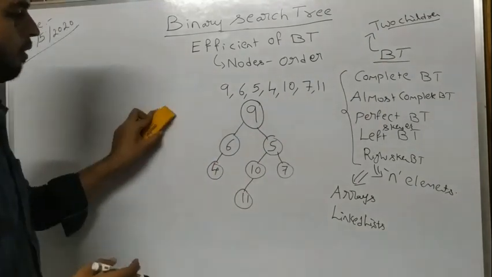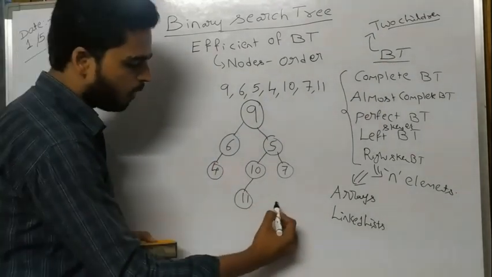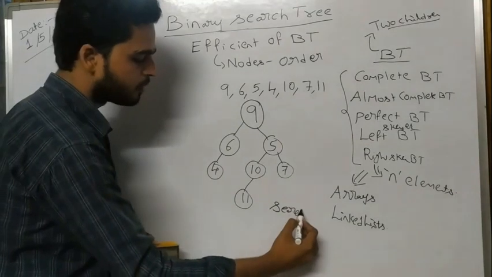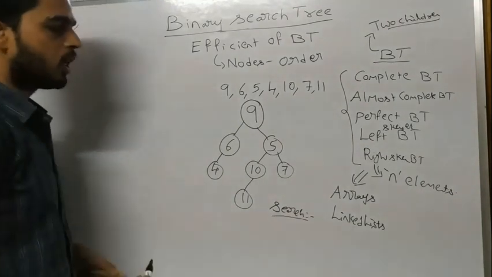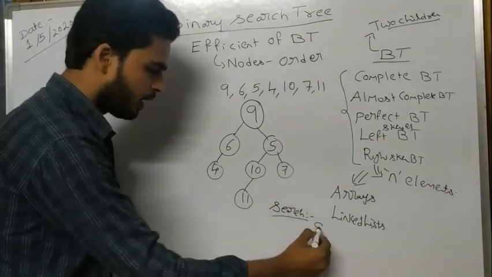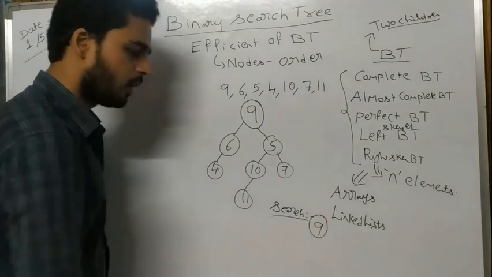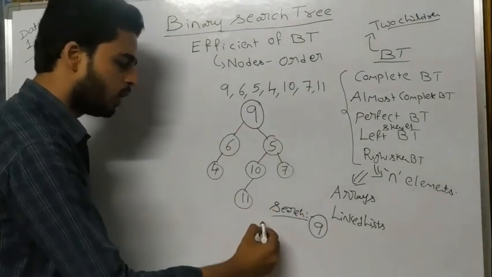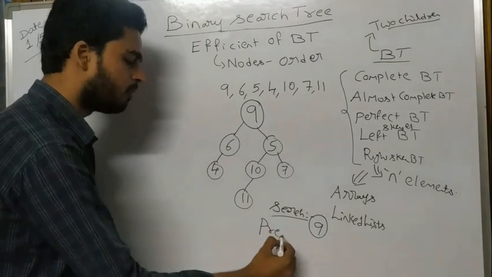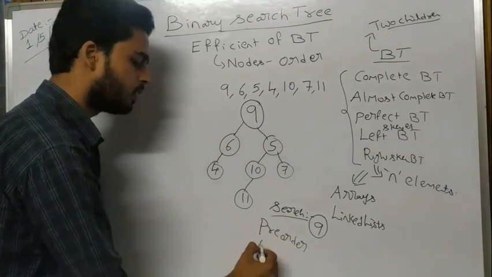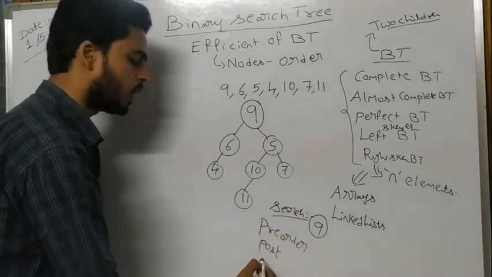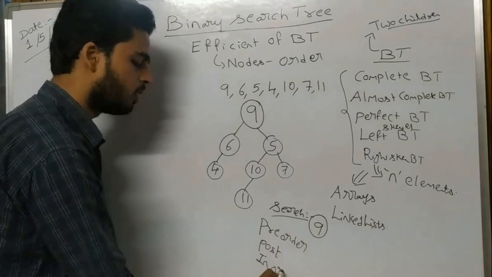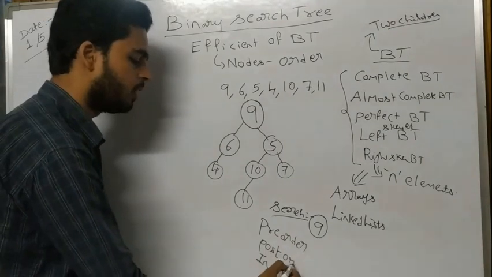Okay, fine. For example, I want to search for an element 9 here. If I want to search an element, what I can do is apply the concept of pre-order technique, post order technique or in order technique while searching.